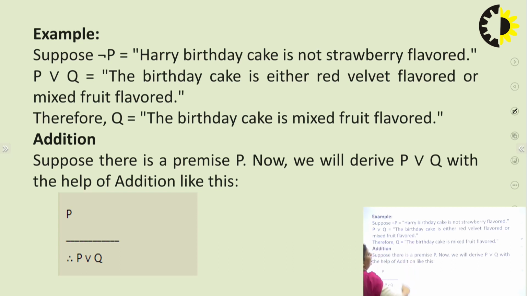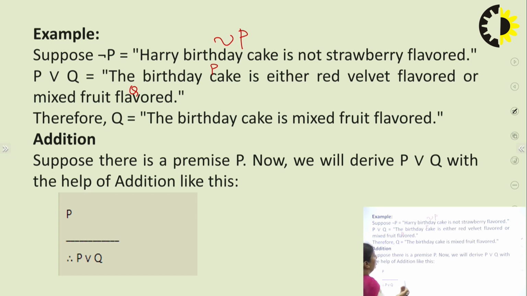We'll also see one example. Suppose we are saying that Harry's birthday cake is not strawberry flavored. So it is already my not P. The birthday cake is either red velvet flavored or mixed fruit flavor. So this is my P and this is my Q. Therefore, I can conclude Q, that is the birthday cake is mixed fruit flavor.